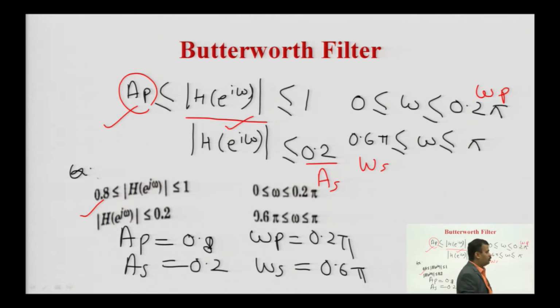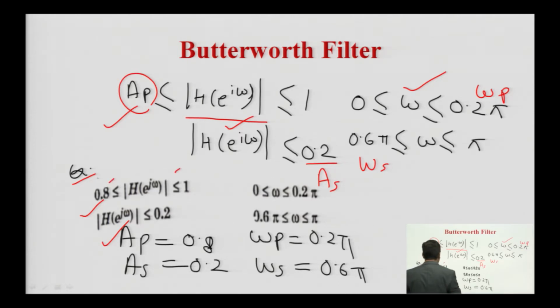So, at first you have to find these values. In this example, the condition is given as I wrote previously. AP is the attenuation in pass band, 0.8, so H(e^jω) lies between 0.8 and 1, and up to the stop band, AS, the attenuation in stop band, is 0.2.